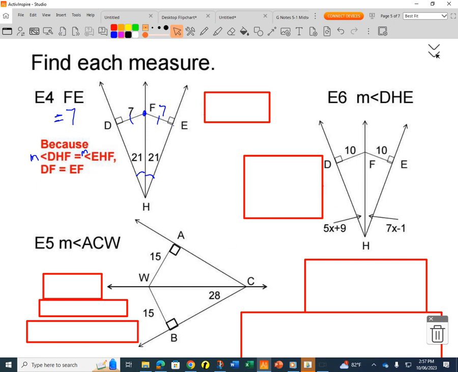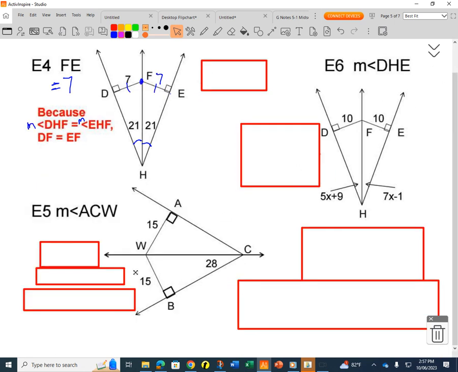Example 5. Here they tell us that the distances from point W to either side of this angle, measured at a right angle, are the same, so they're congruent. So now we know that W is on an angle bisector of this angle. That means this angle and this angle have to be congruent.